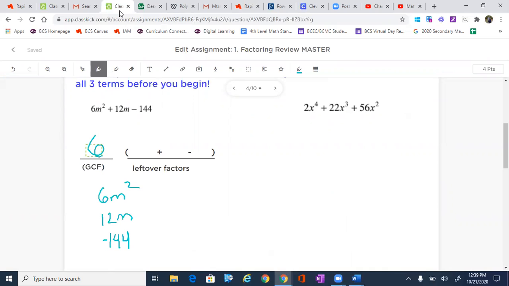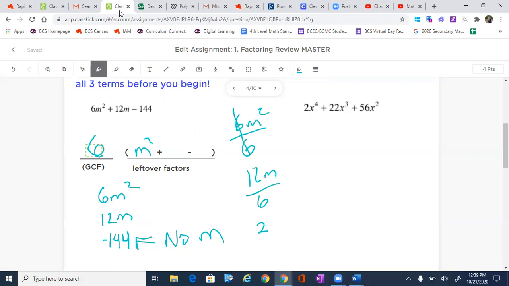And since there is no m on that 144, there is no m in the GCF. At this point, we just divide it out. I break it into its pieces and think of it that way. 6m squared divided by 6 is m squared. I take 12m divided by 6, which is 2m.